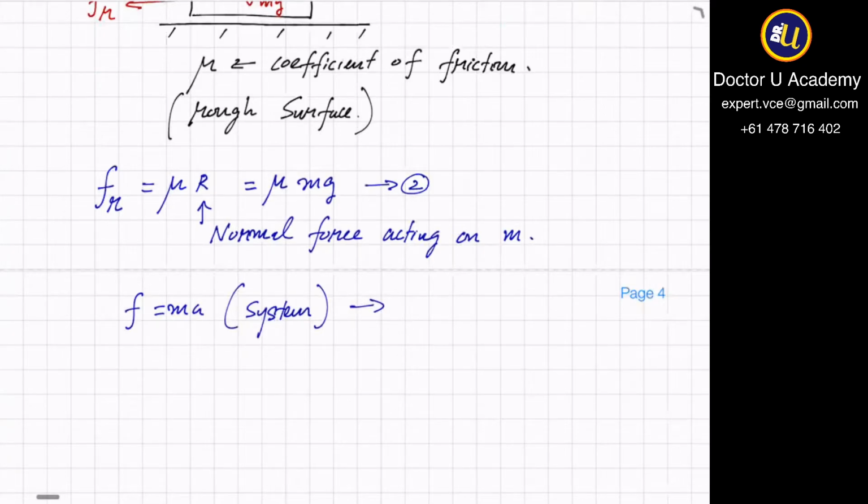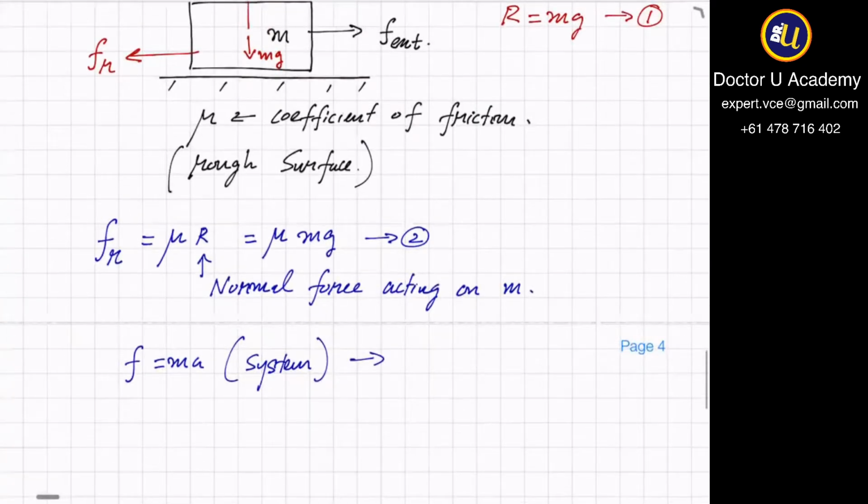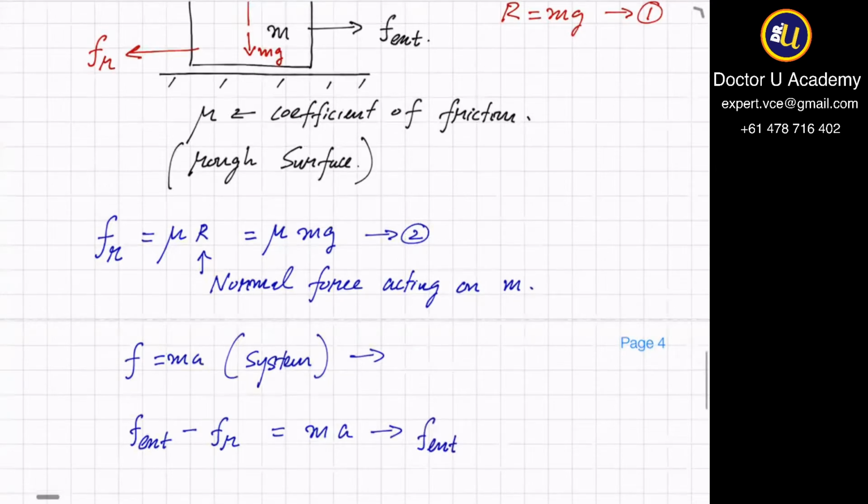The net force would be F external minus Fr, the friction force, and that is equal to m times a. So F external minus Fr, where Fr is mu times mg, is equal to ma.